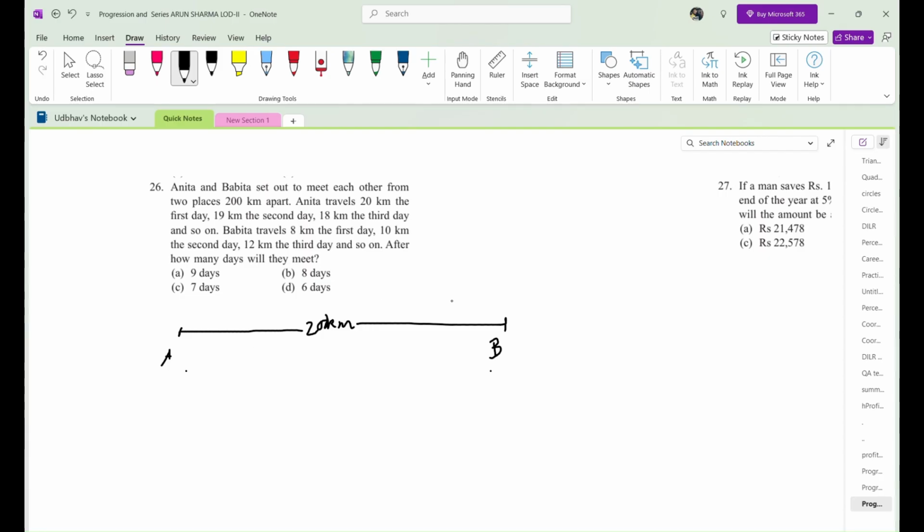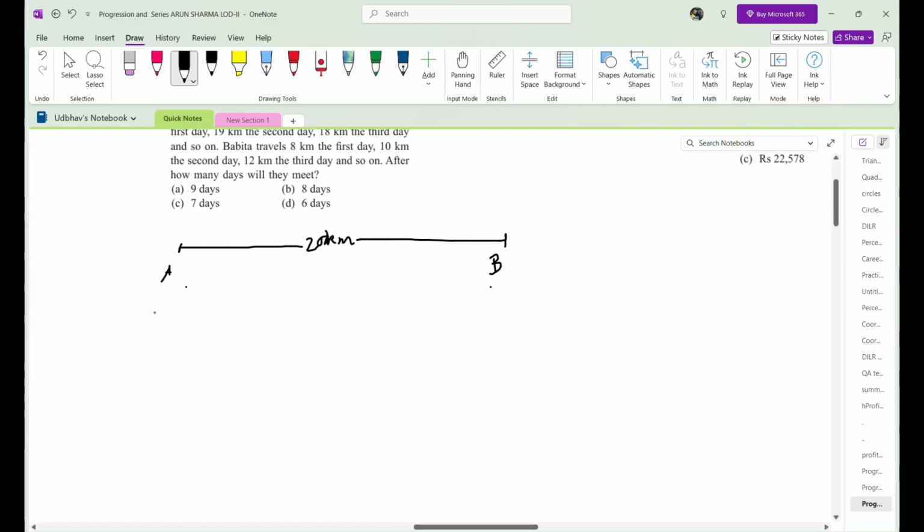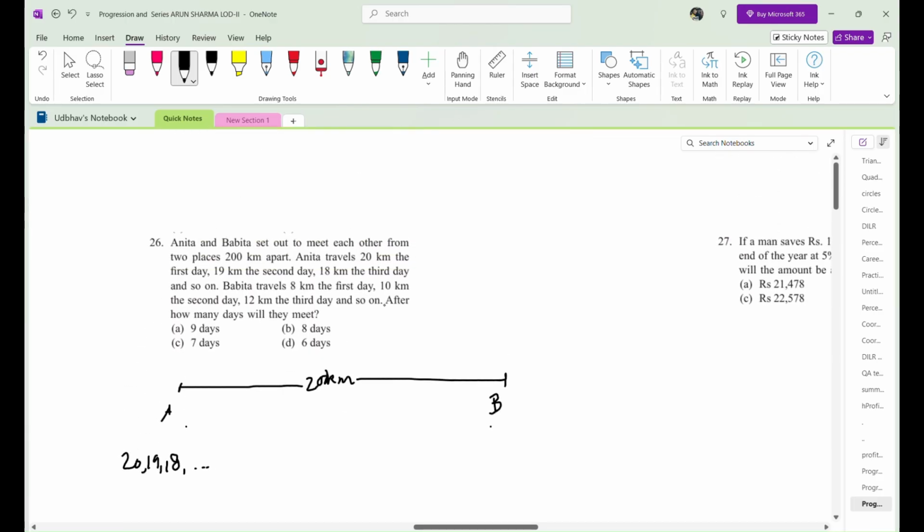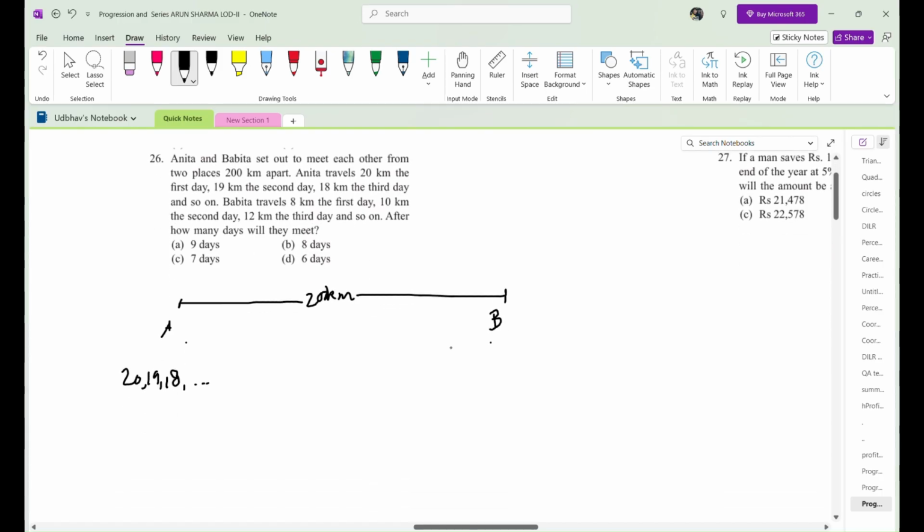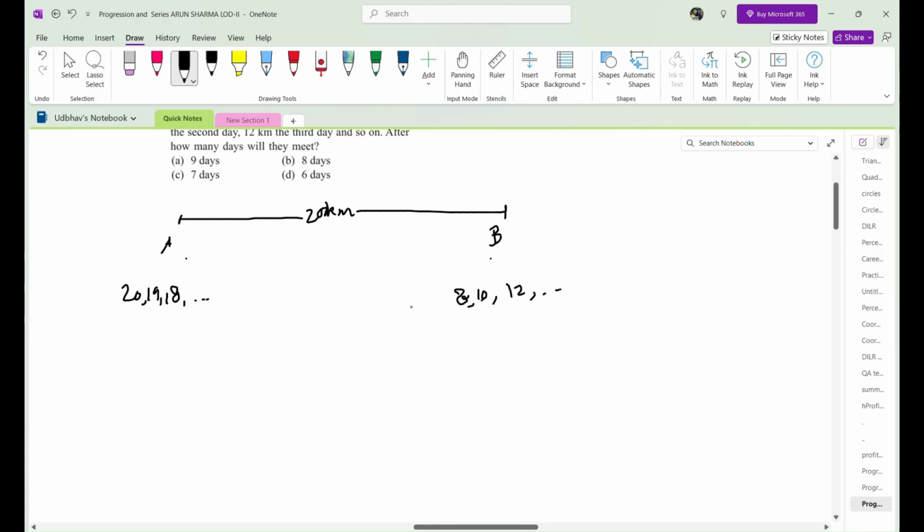She is traveling in a decreasing AP: 20, 19, 18, and so on. Babita travels 8 km the first day, 10 km the second, in an increasing AP of 8, 10, 12, and so on. After how many days will they meet?